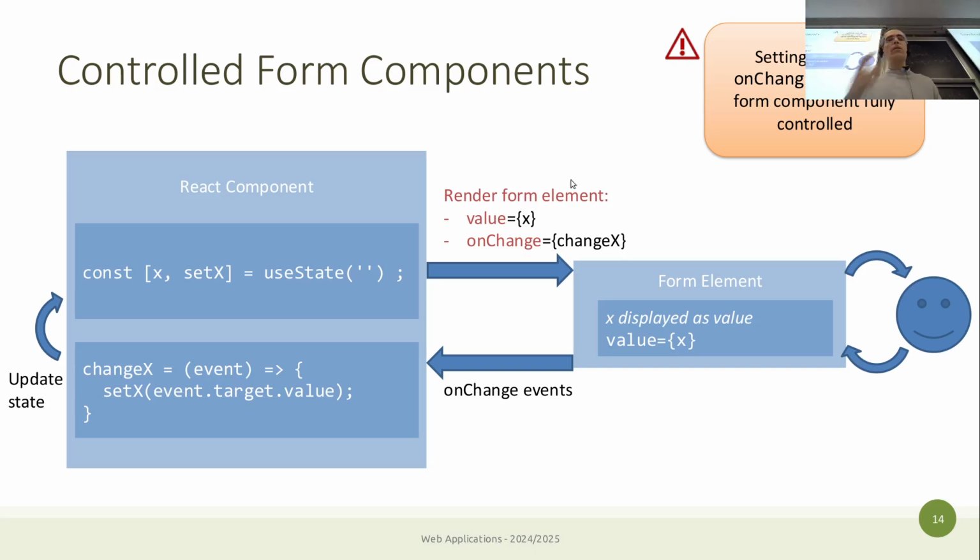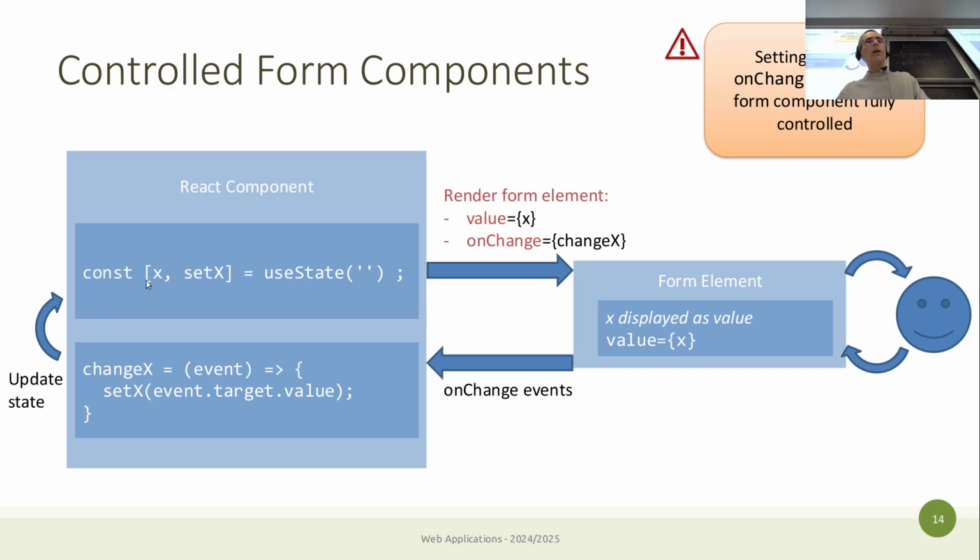How do they work? Actually, we define a component in React as usual. So there's a function, something, that's the name of the component, and it uses useState to create a state that holds the value. Okay, here we are showing the case in which, for instance, we have a string, like an input box where you type something.